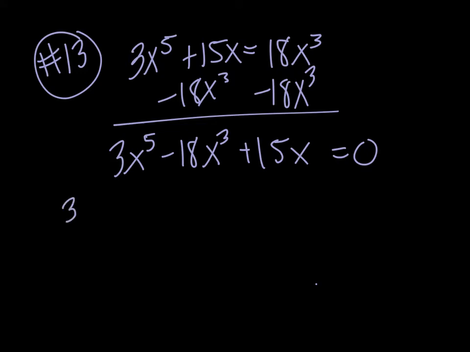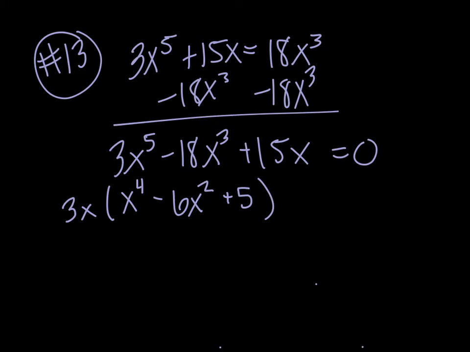Between x to the 5th, x cubed, and x to the 1st, the most you can pull out is 1x. So now we're left with x to the 4th minus 6 x squared plus 5.